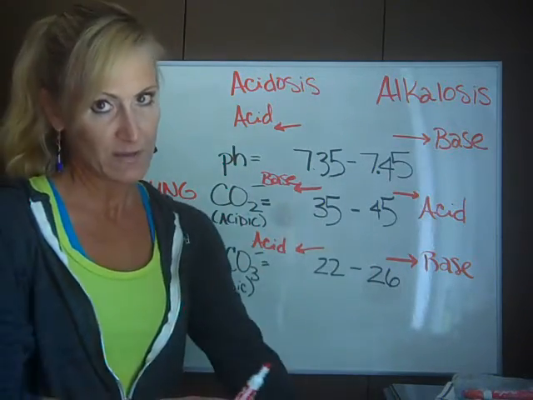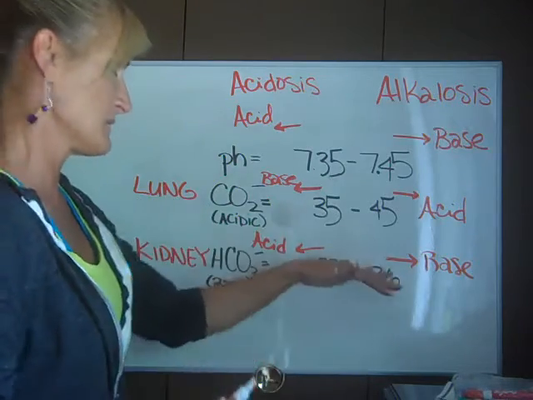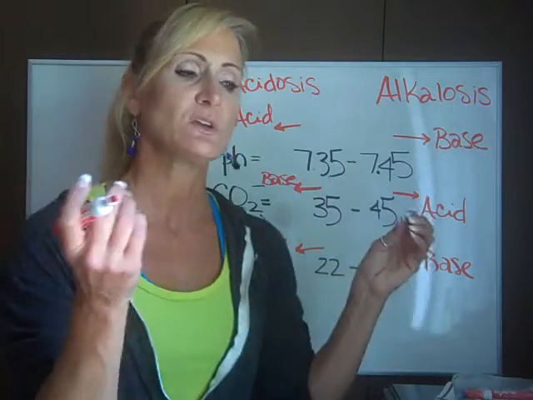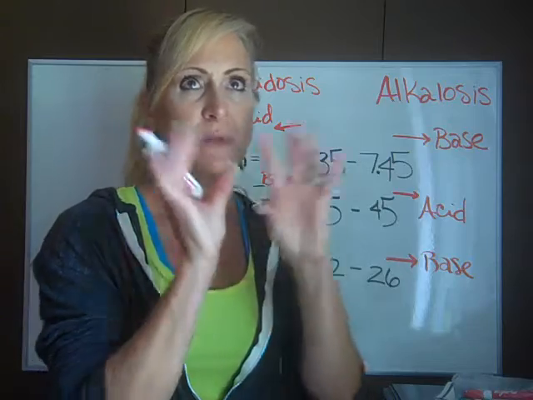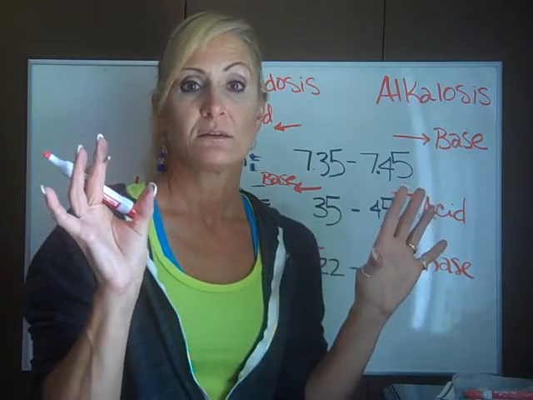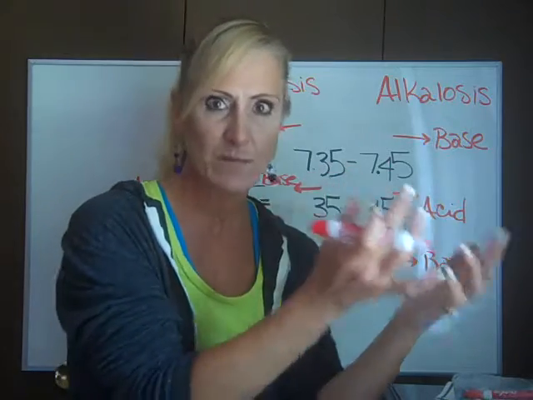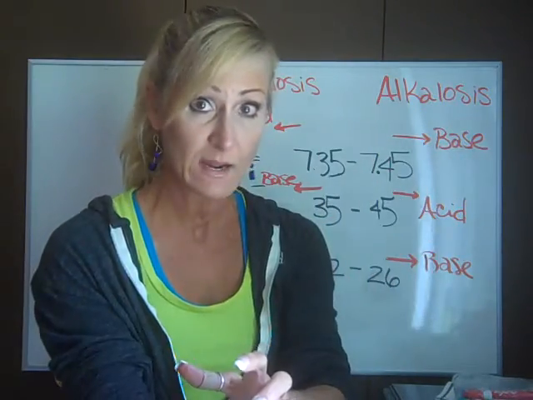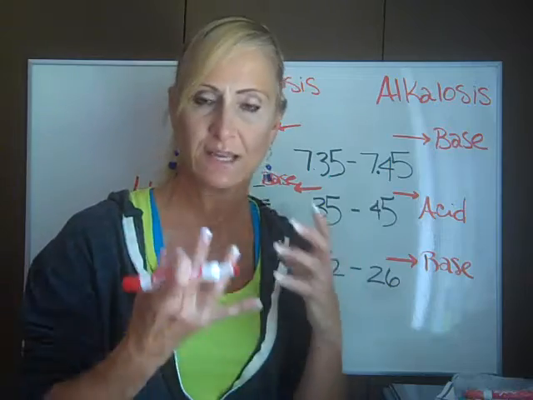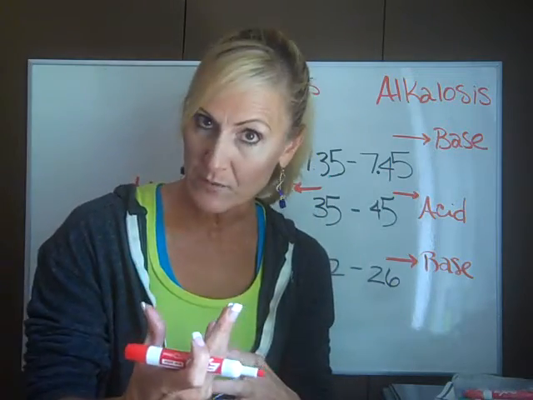Because here's the cool thing about the acid-base system. Remember how I told you in the last lecture that your body is masterful at working together, and if there's a problem in one area, another area will compensate, because it's always trying to maintain homeostasis and equilibrium.